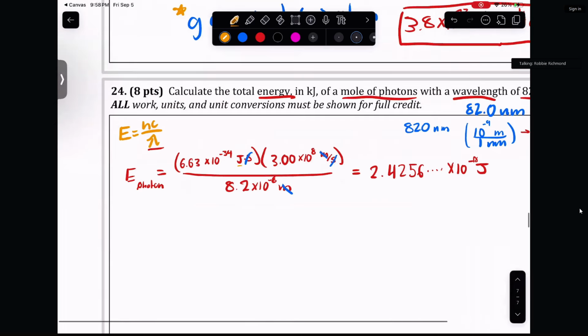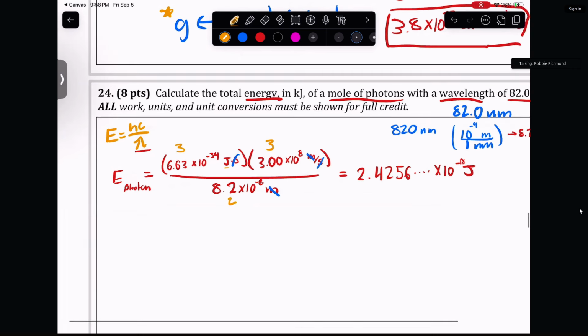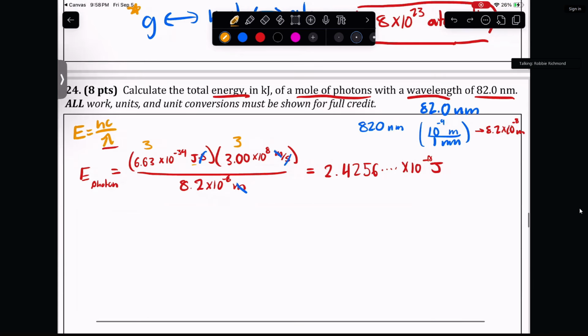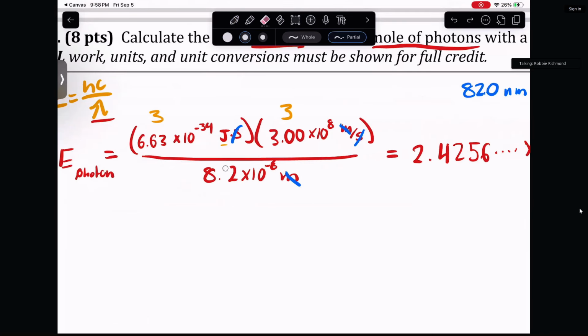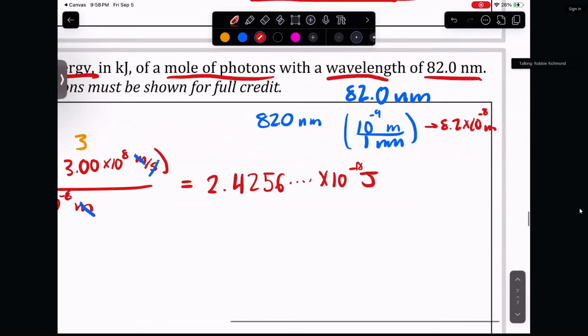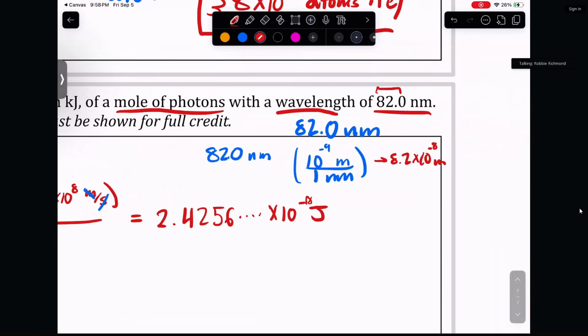Also, let's keep track of sig figs here. I get 3 sig figs here. This is measured, measured, measured. So whatever this answer is going to be, it's going to be rounded to, oh, nope, sorry. This is going to be 3 sig figs, because we were given this in 3 sig figs.